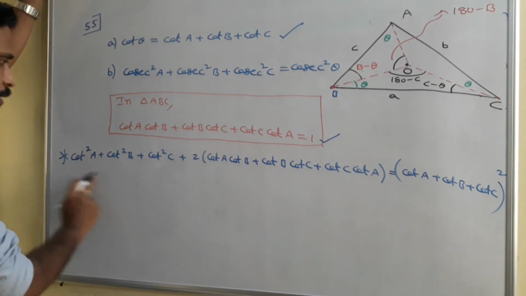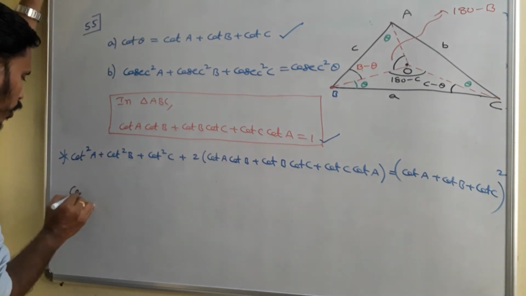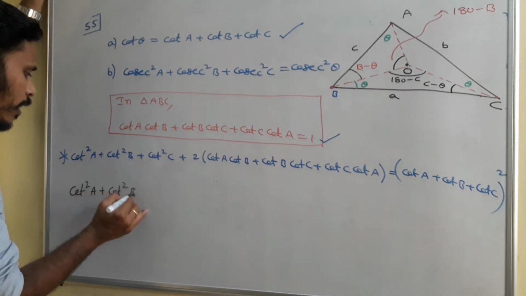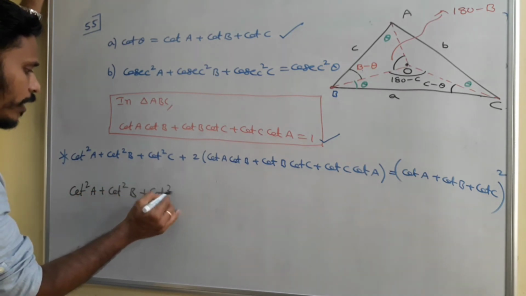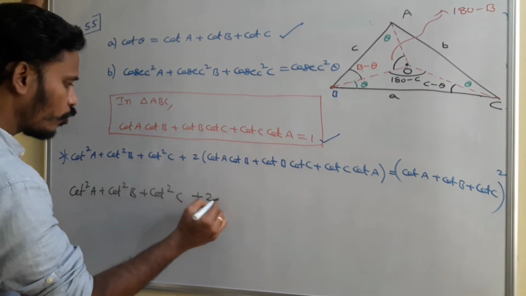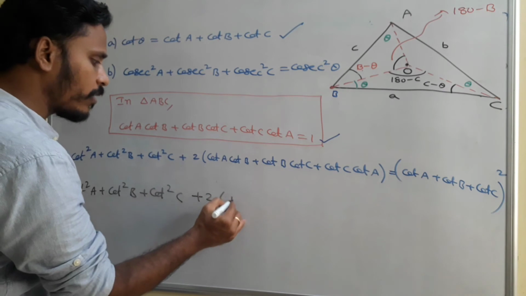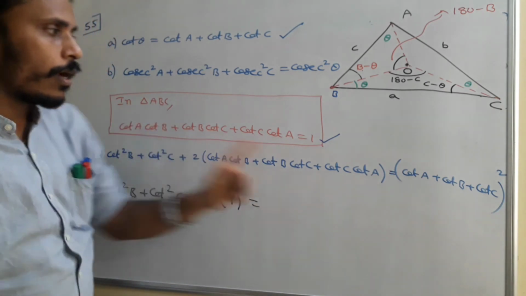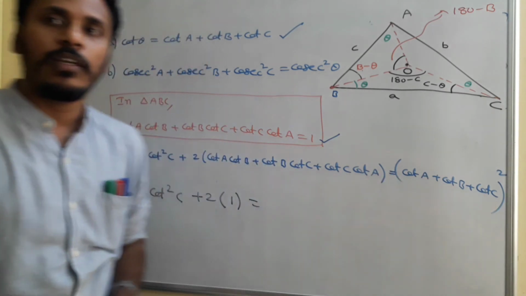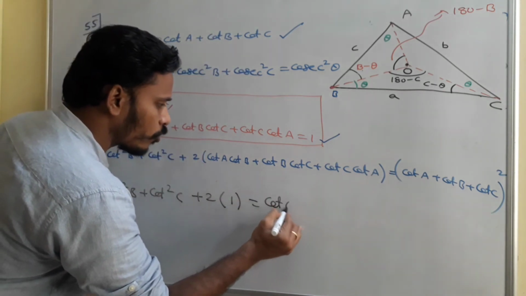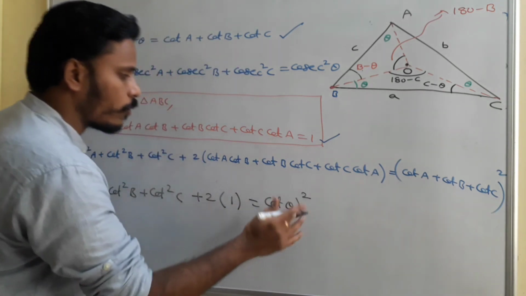Cot square A plus cot square B plus cot square C, plus 2 into, in a triangle ABC we know this value as 1, so replace it with 1, is equal to cot A plus cot B plus cot C, which we proved in the first part as cot theta, so this is equal to cot theta whole square.